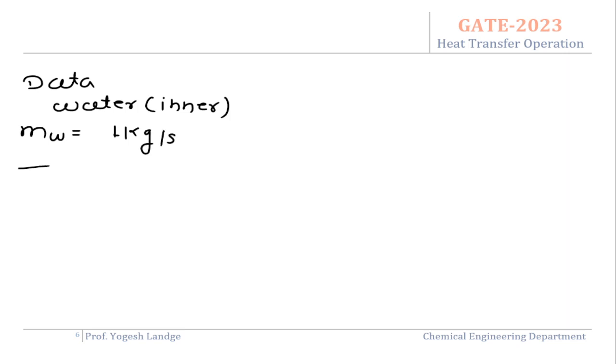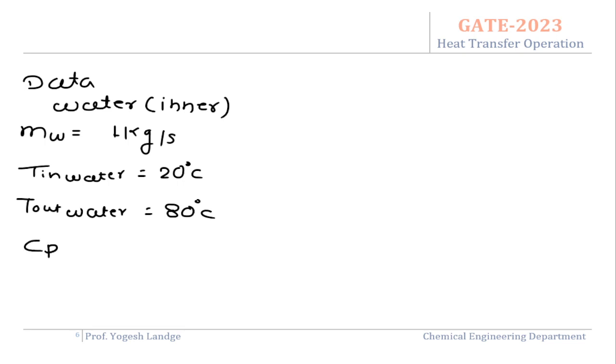T in for water is 20 degrees Celsius, and T out for water is 80 degrees Celsius. The specific heat of water, the CP value, is 4178 joule per kg per Kelvin.